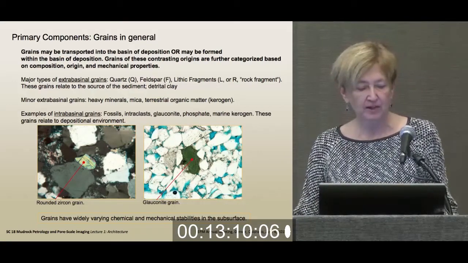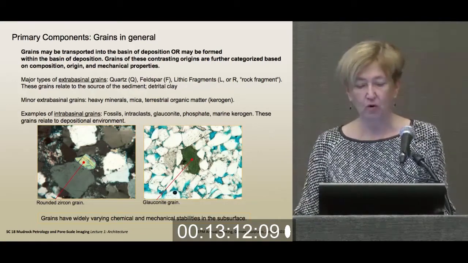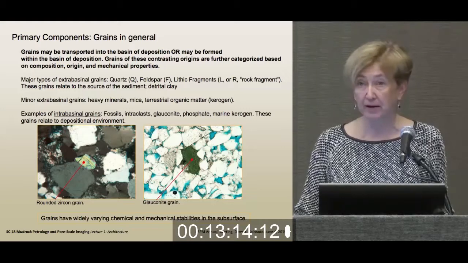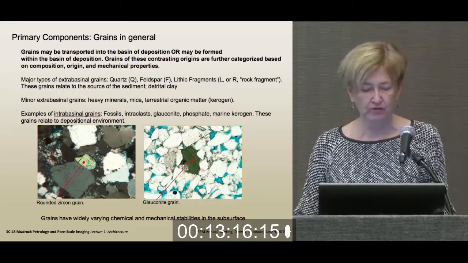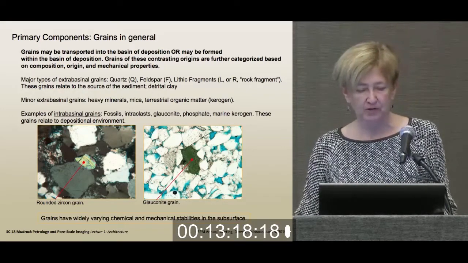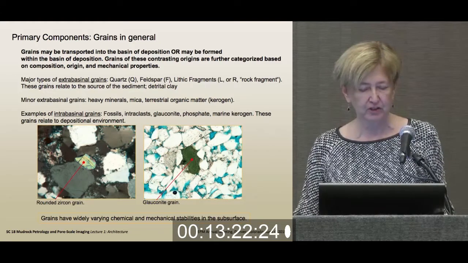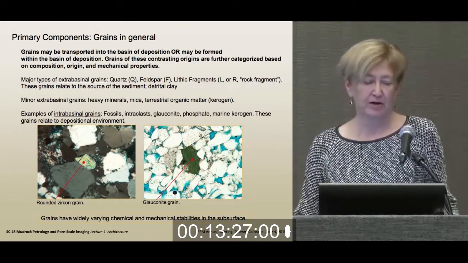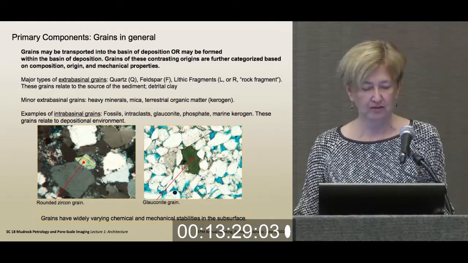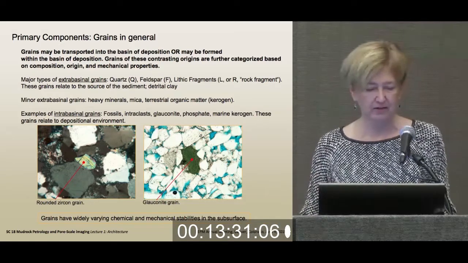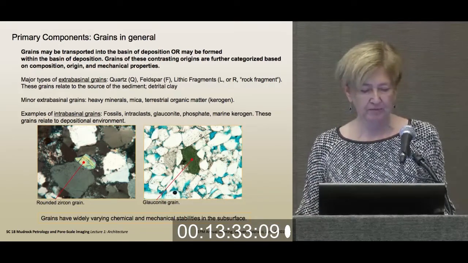So the dominant extrabasinal grains are things like quartz, feldspar, and lithic fragments that dominate the composition of sandstones. But of course, another really important extrabasinal material is detrital clay. And of course, there's a wide range of minor extrabasinal grains here: heavy minerals, micas, and terrestrial organic matter.